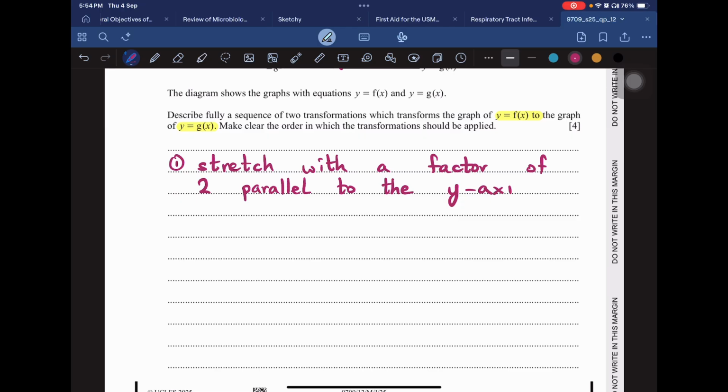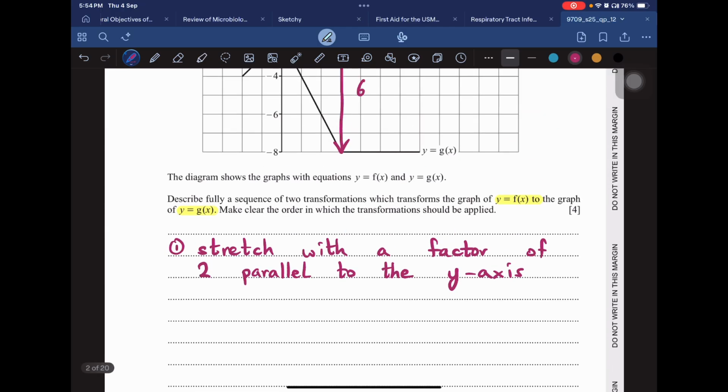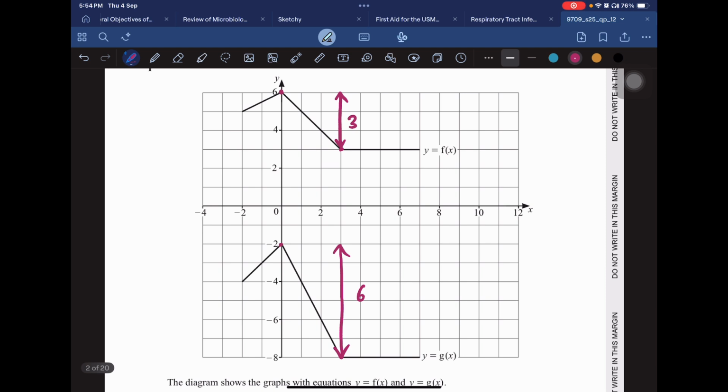Or you can also say a vertical stretch with a factor of 2, that would also work. That's the first thing. So if we stretch it vertically, what would happen is when you stretch something vertically, the distance of every point from the x-axis doubles.